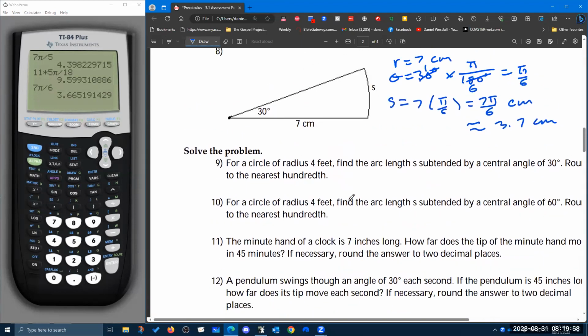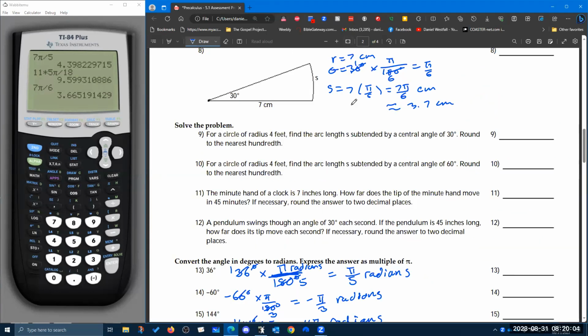Let's look at these word problems now. For a circle with a radius of 4 feet and an arc length S that we want to find that's subtended by a central angle theta of 30 degrees, which we just found out was pi over 6 radians. Round to the nearest hundredth to find the arc length.